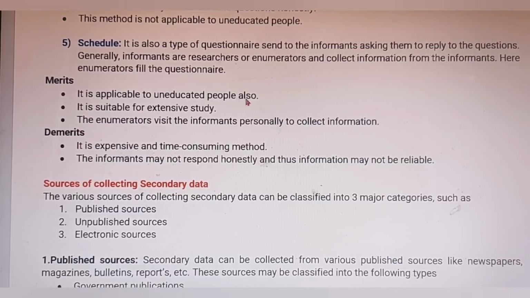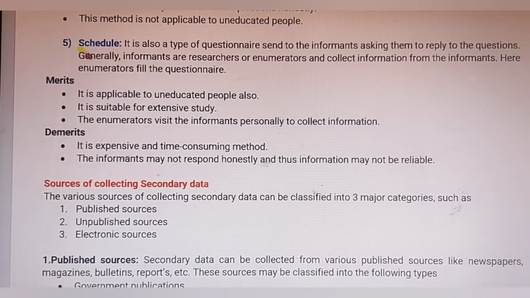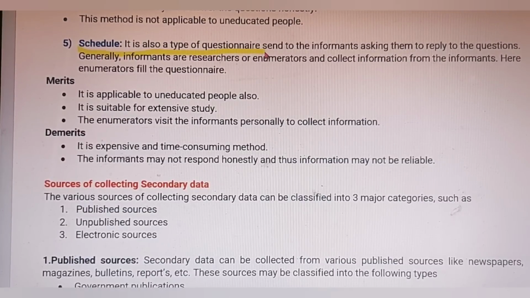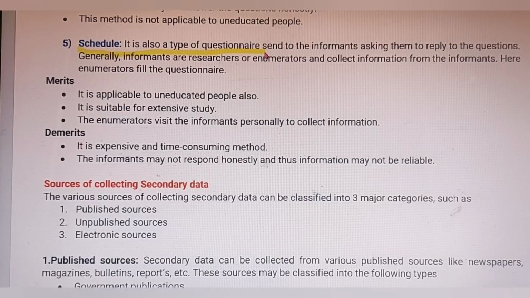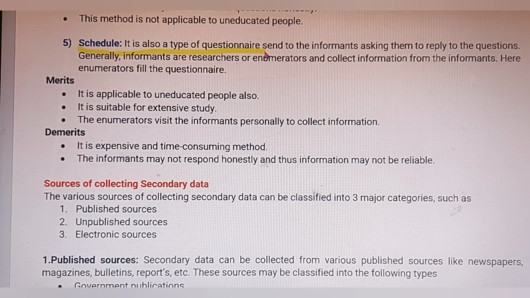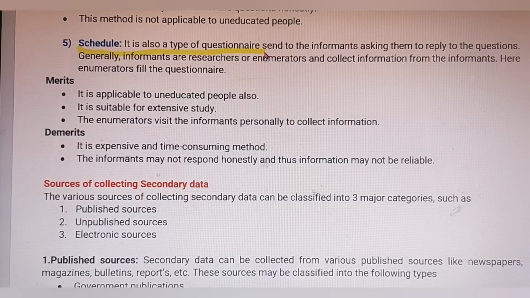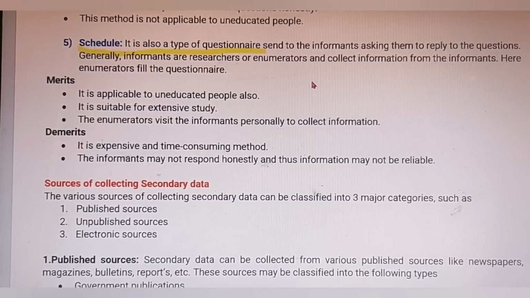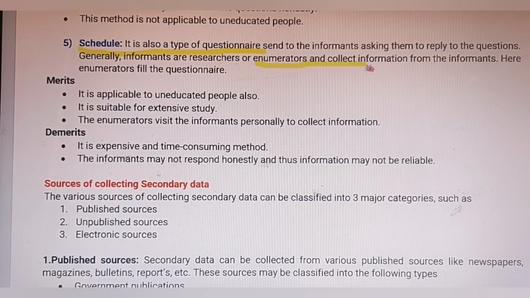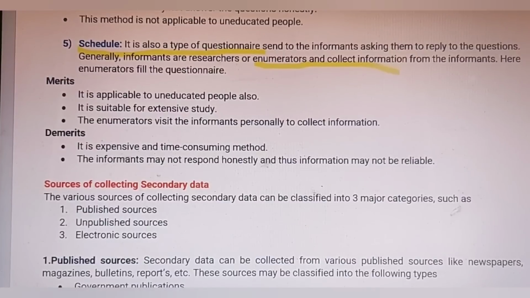Schedule is the last type of method, and it is a type of questionnaire, just an advanced technique of that. Here also a few questions are asked to the respondents. The main difference between questionnaire and schedule is that enumerators are appointed here, so they collect data on behalf of the researcher.